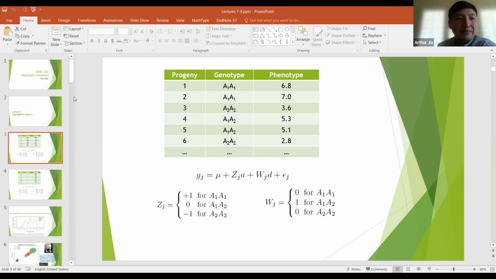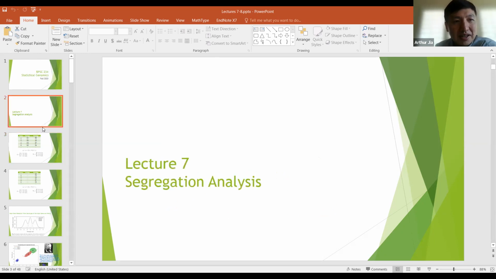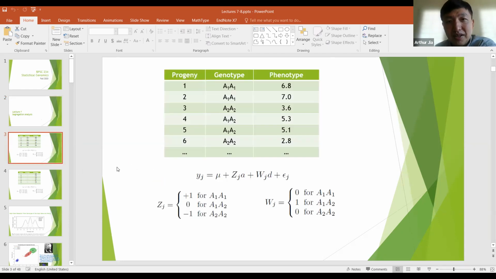Next time we're going to talk about segregation analysis. This is an F2 population, right? If we have the genotype and phenotype data available, we can easily use this linear model to test whether additive effects or dominance effects or both exist at this locus.